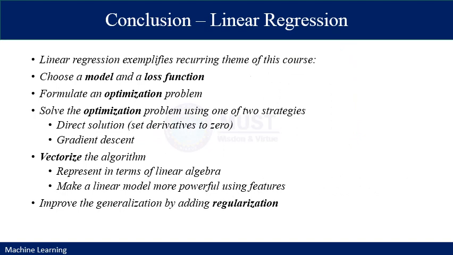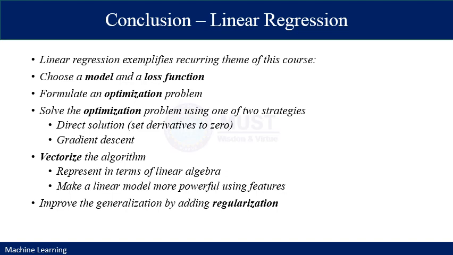So this concludes our discussion about linear regression, and we can say that linear regression exemplifies the recurring theme of this course, in which you have to choose a model and a loss function to capture the errors of those model predictions, and then formulate an optimization problem, and then employ techniques from direct solution and gradient descent to solve the optimization problem.